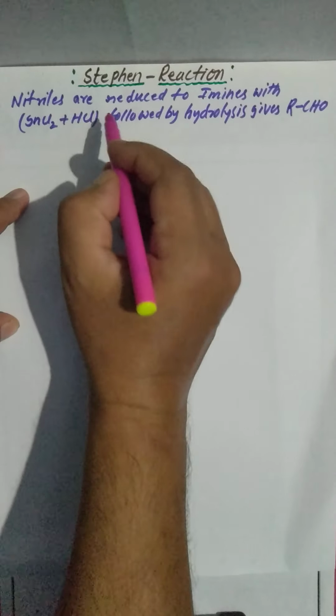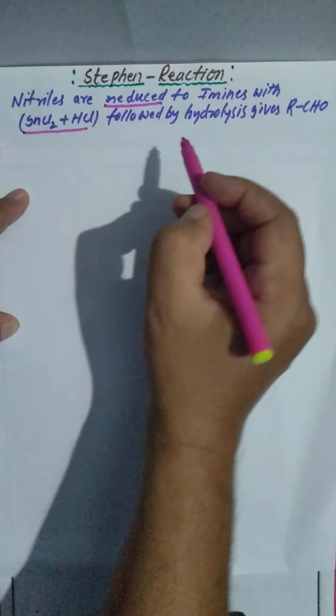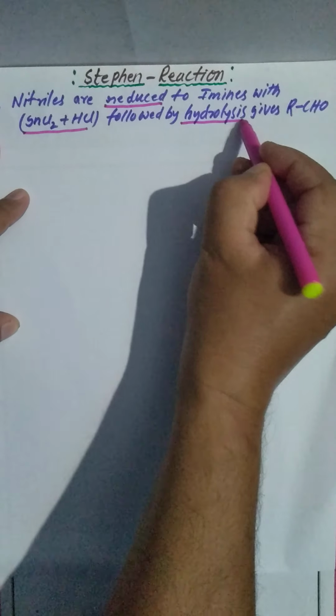Means first we have to do reduction with the stannous chloride and HCl, then followed by hydrolysis gives aldehyde.